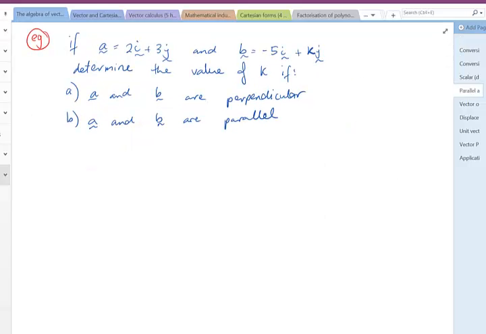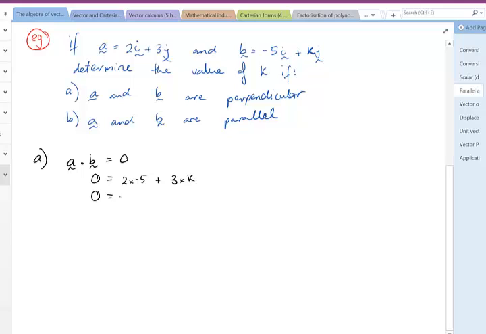So we're looking at the example: if A is 2i plus 3j and B is negative 5i plus kj, determine the value of k if, so the first one's nice and easy, A and B are perpendicular. So we're looking to show that the dot product of A and B is equal to 0. So 0 will be 2 multiplied by negative 5 plus 3 multiplied by k.